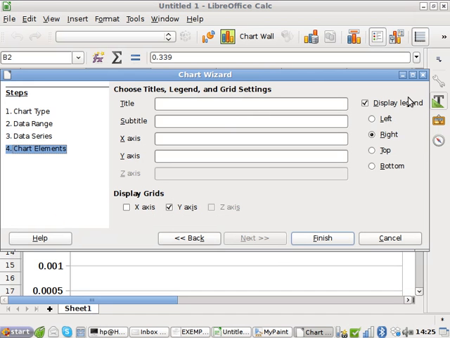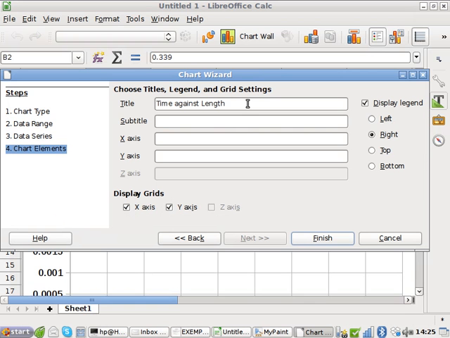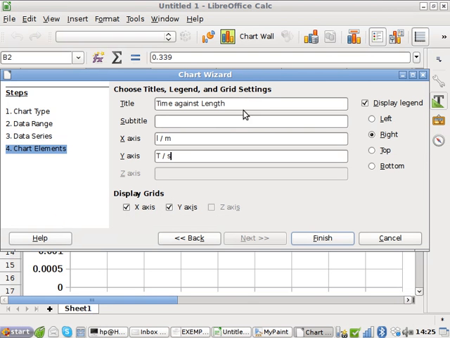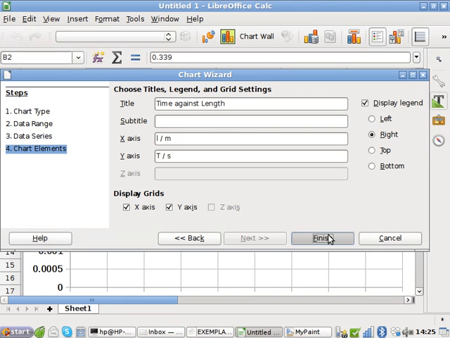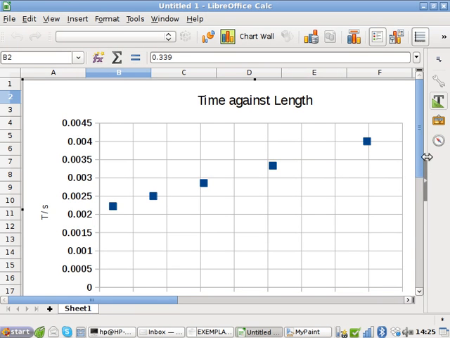So the title is time against length. The x-axis is length in meters and the y-axis is time in seconds. Yes, it's increasing.